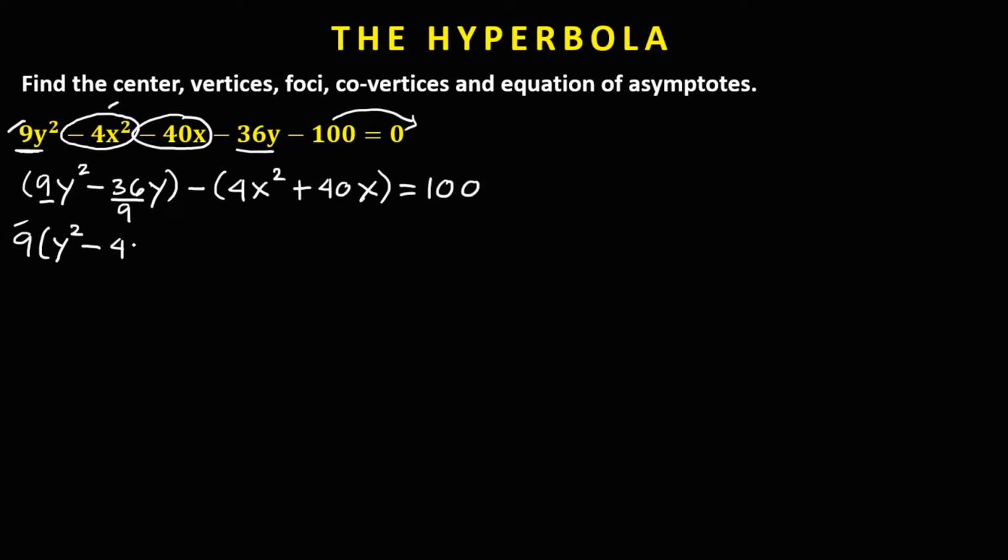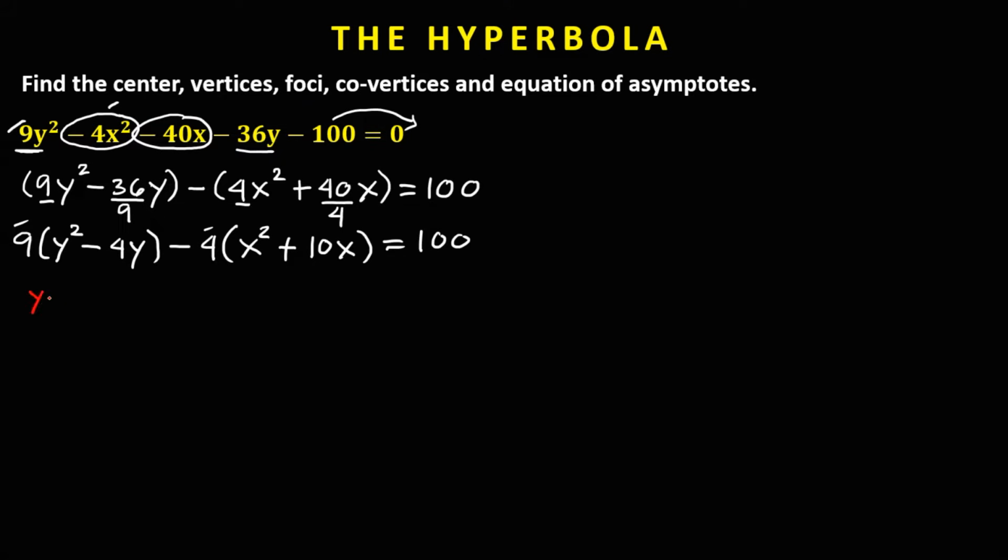So this is 4y. Then for x, minus, put this number outside. So we have now x squared, then plus this 40 divided by this number, so divide by 4. That's 10x. Then equals 100.